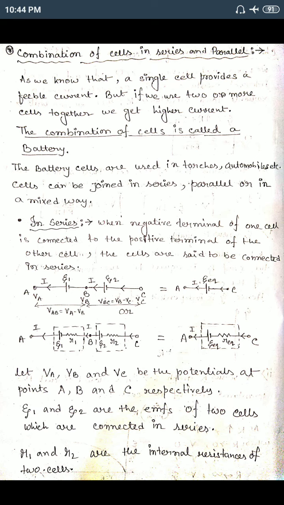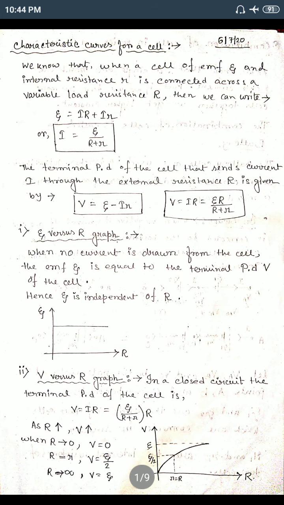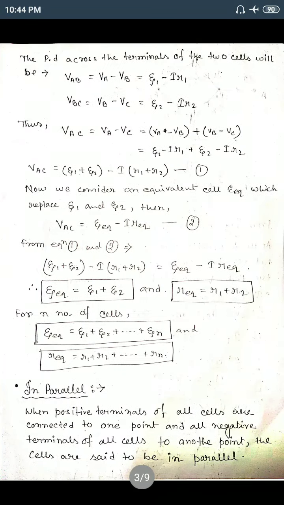For the second cell, the two terminals are B and C, so the potential difference between B and C is VBC, equal to VB minus VC. What will be the values of these? We use the expression V equals E minus IR, denoting it by 1 or 2 in this way.